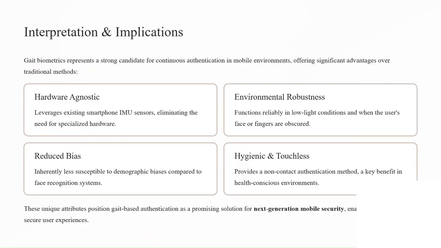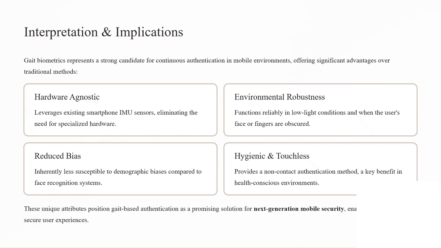Our results demonstrate that gait biometrics are a viable alternative or complement to existing authentication methods. Compared to face recognition, gait requires no additional hardware and works even in low light conditions. Compared to fingerprints, it enables continuous touchless authentication and is more resistant to spoofing.